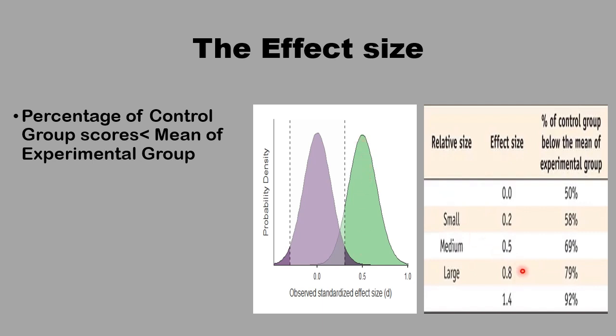If it is 0.8, about 80% would be less than the average patient who had the treatment. If it is 50%, this means that there is actually 0 effect size, because by definition 50% of any distribution would be less than the mean. So if you get 50% of these patients less than the mean of the other group or the new treatment, then the effect size is just 0.